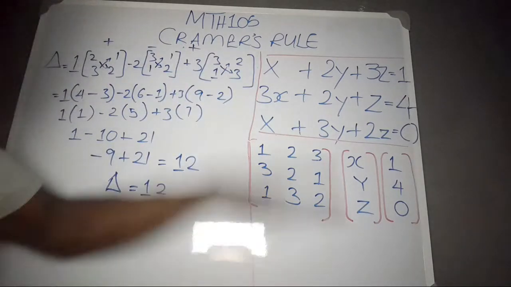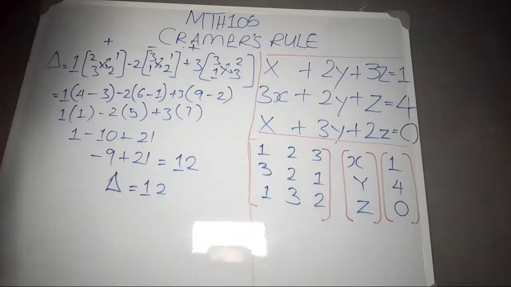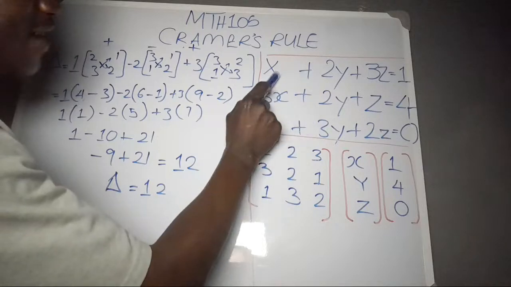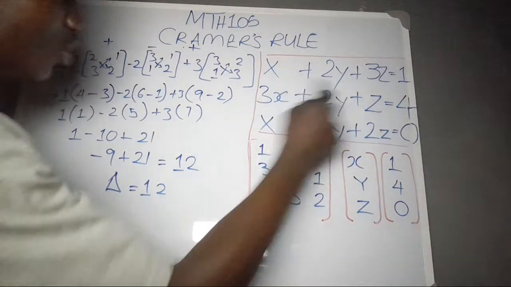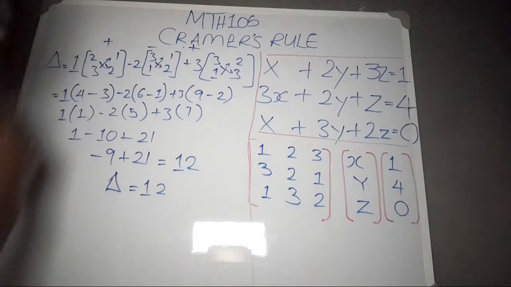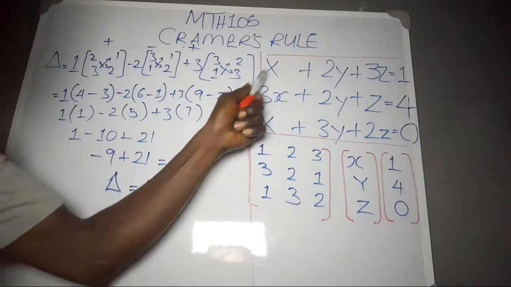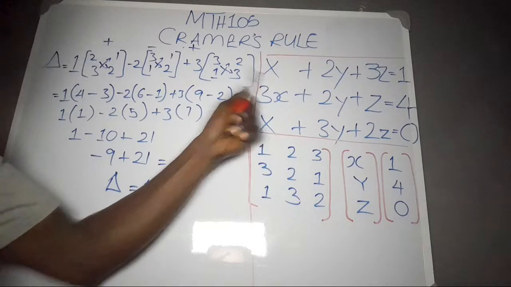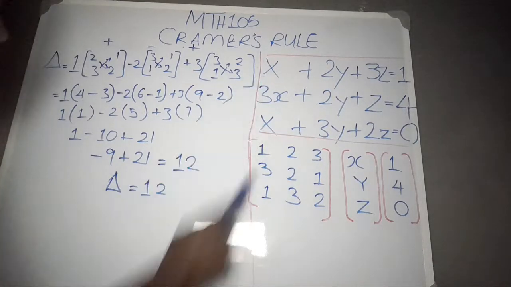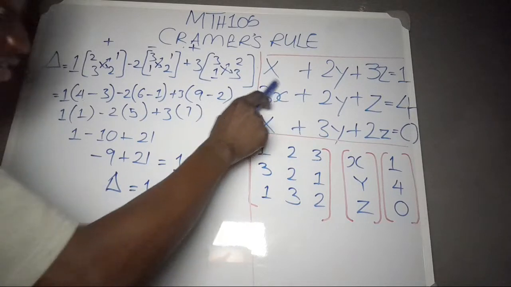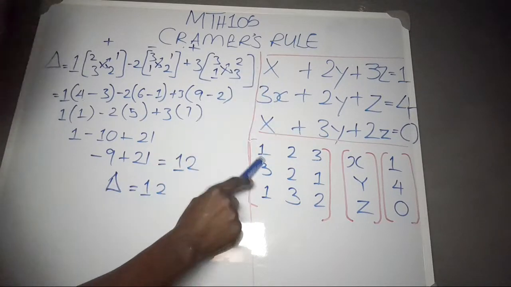Now, to interpret this equation into a matrix, we are going to treat the elements of this equation individually. Now, x here has an invisible coefficient, and that invisible coefficient is 1.